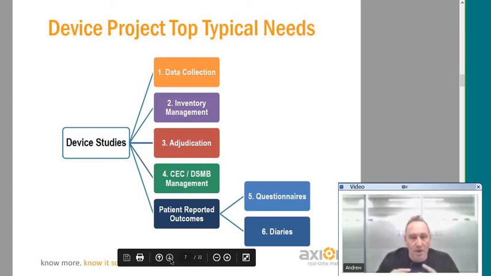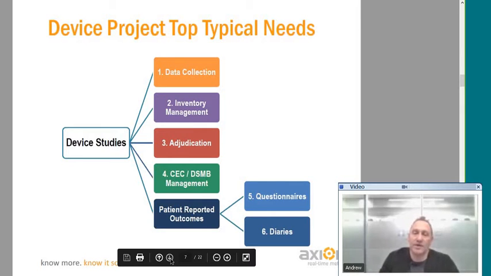So let's talk a little bit about the key things in a device study. One of the top bracket of things that need to happen is we need to collect the data. Very often we need to be able to manage the inventory for a device, and that often includes, quote-unquote, hand carry of devices into clinics.